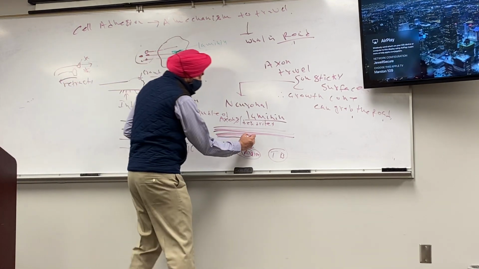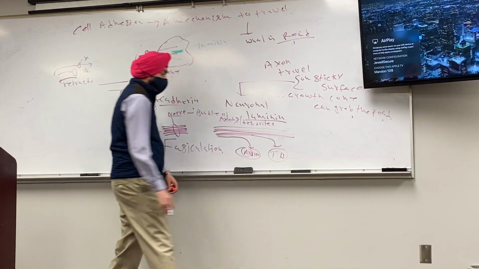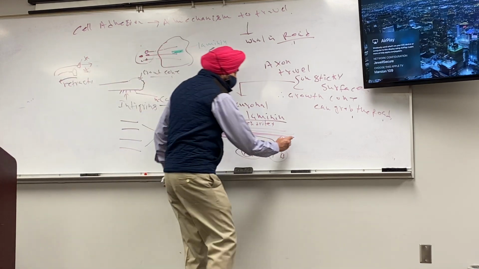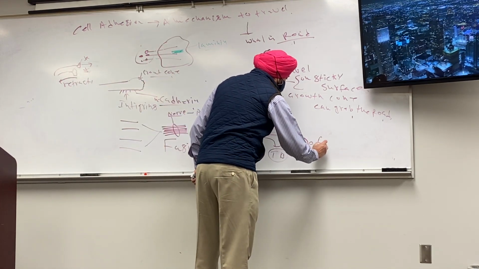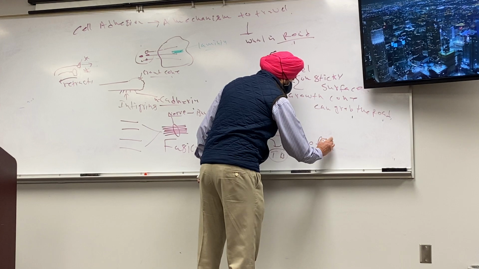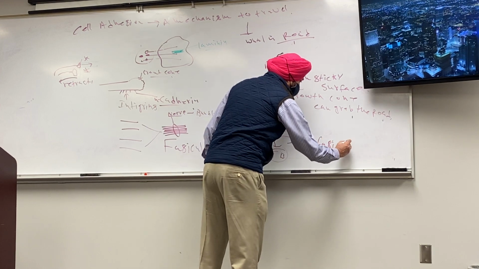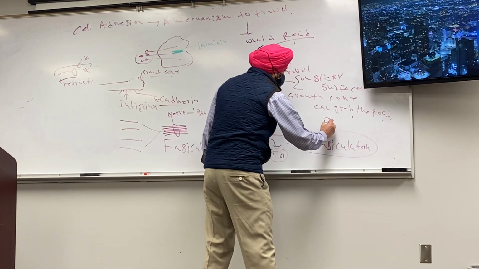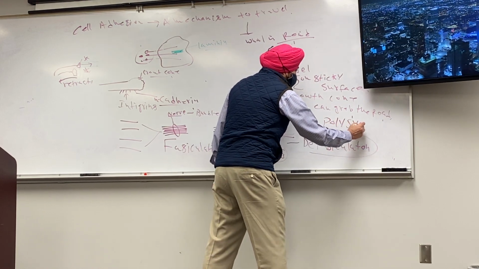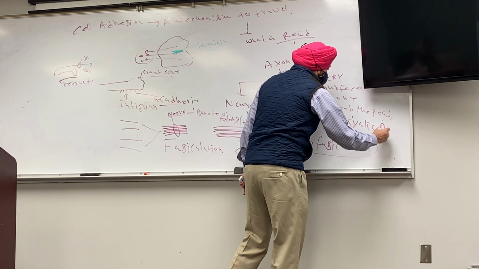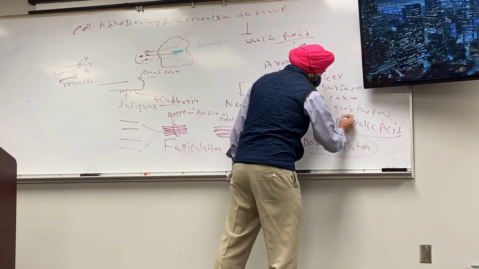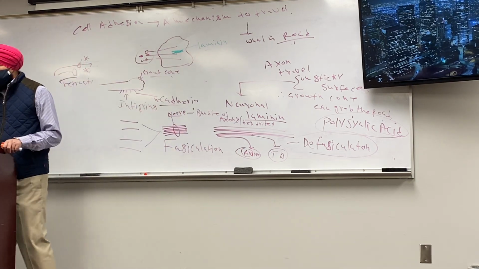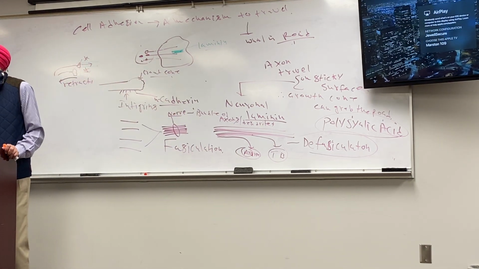It's saying this is my target, and it is going to go like this. So this process is called defasciculation. Defasciculation. And this is done by polysialic acid. Okay? And this process is regulated by BMPs.